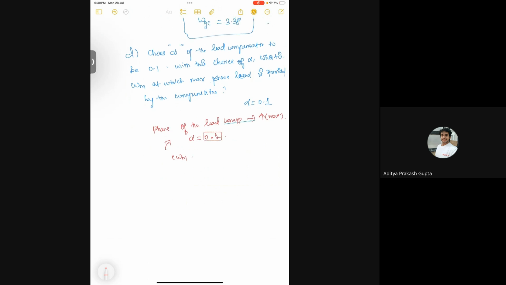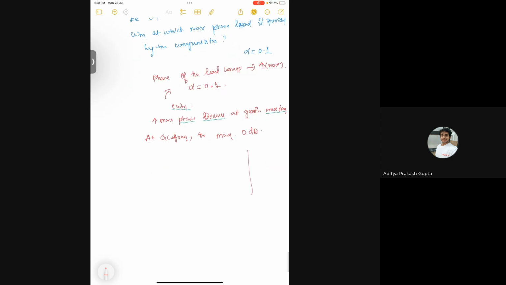Right? So we know maximum phase lead occurs at the gain crossover frequency, what we found previously. At the gain crossover frequency, the magnitude will be 0 decibels.